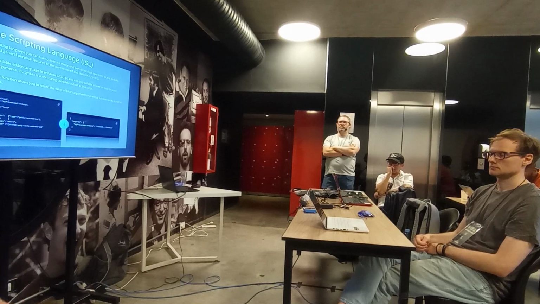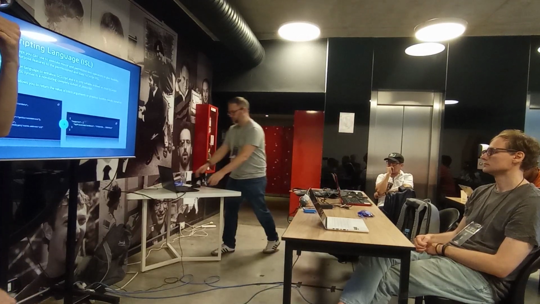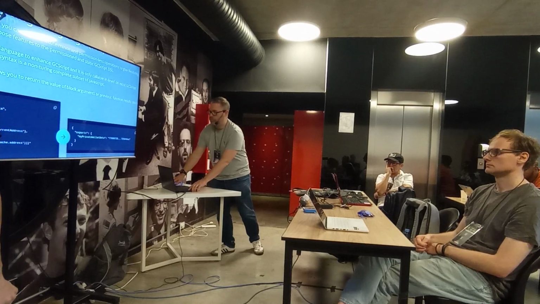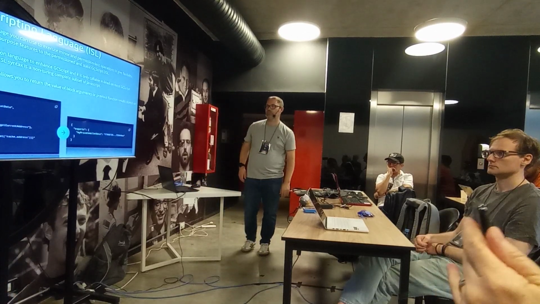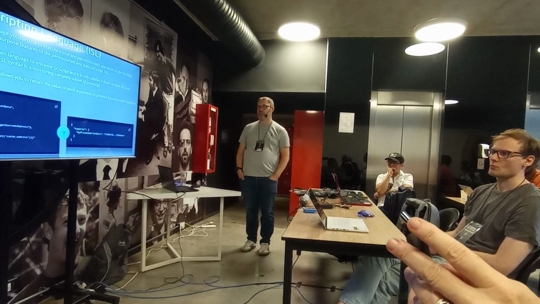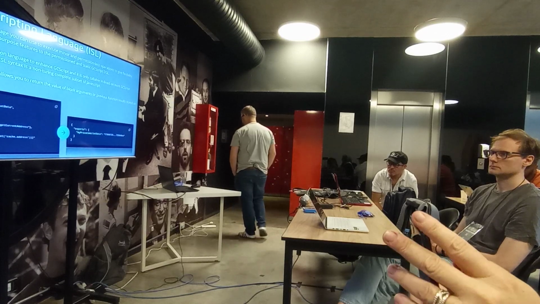So in this example, let us know if you can read this. Maybe it's very small, a bit pixelated, but you can probably read it. Forget about this part, it's not relevant right now.